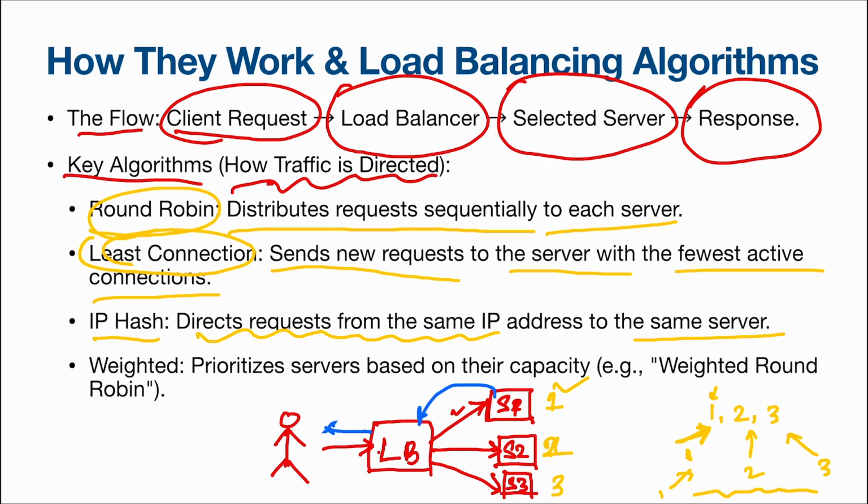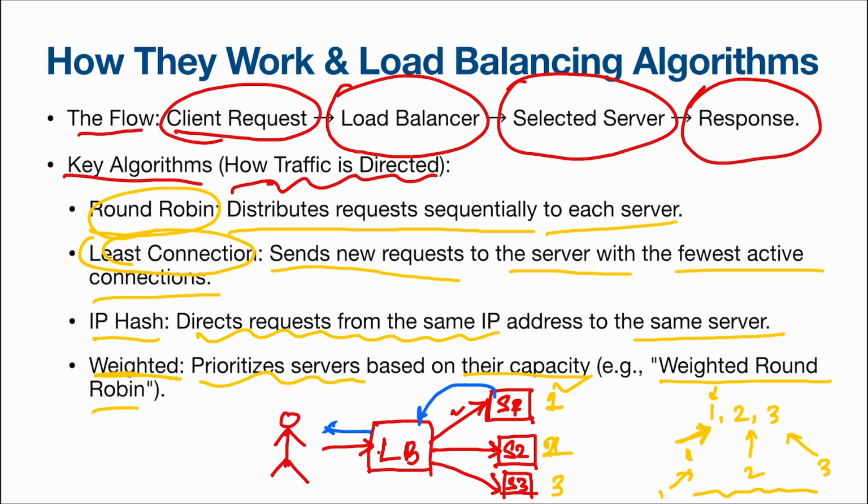And we can also talk about the weighted strategy, where the load balancer prioritizes servers based on their capacity. For example, weighted round robin. So in this case, the server is not chosen in a round robin fashion or random fashion. Rather, they are chosen based on their capacity. The servers can expose some sort of metrics that the load balancer can read.